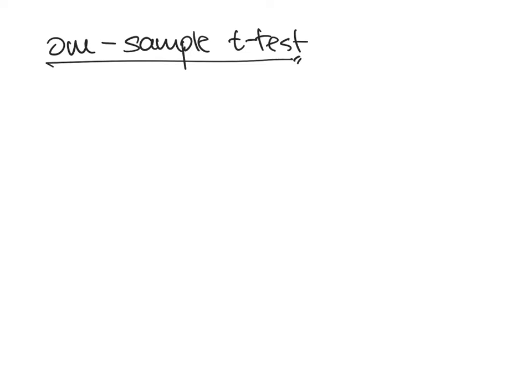Okay, one sample t-test. As I told you, always we apply 5 steps. So step number 1, we state the null hypothesis and alternative one.